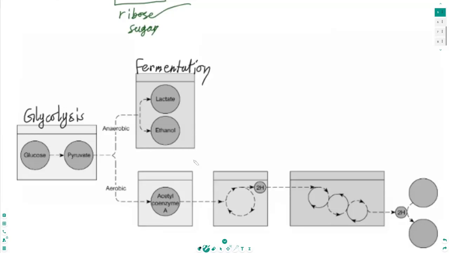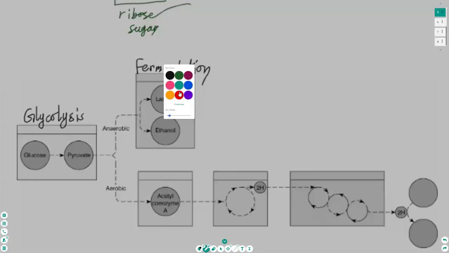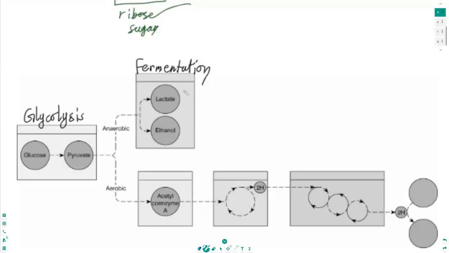So this is called fermentation, and it will go into lactate, and this is done in animals, mainly humans, like human muscle cells. Red blood cells, RBCs, will do this as well.